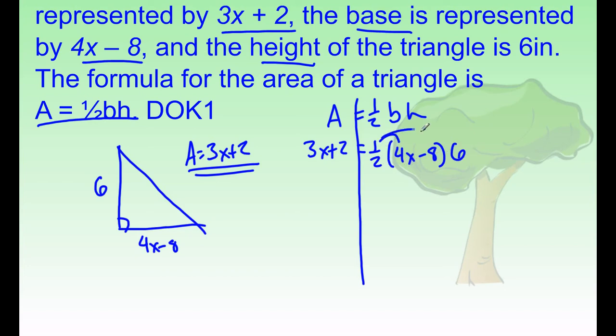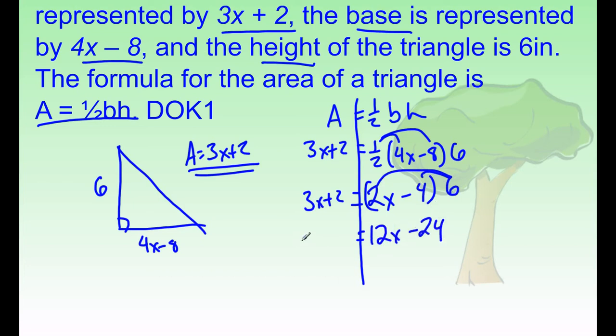So let's take 1/2 times this stuff. Half of 4 is 2x. Half of 8 is 4. And this is all still times 6, and that stuff stays the same. Now take this and distribute the 6. I get 12x minus 24.